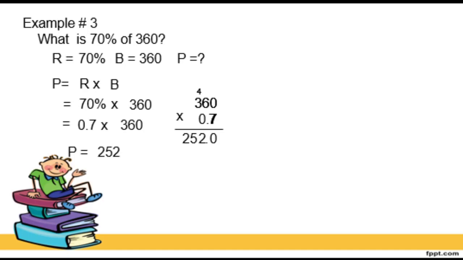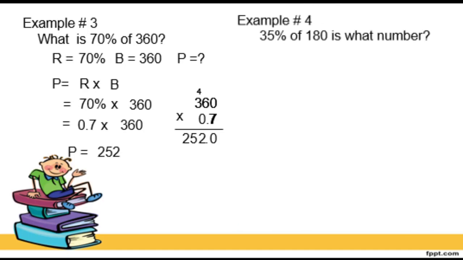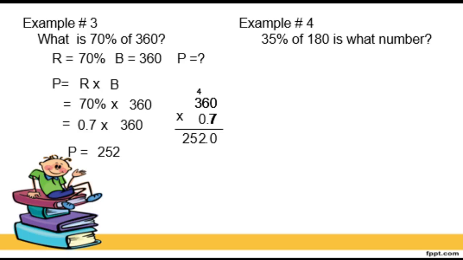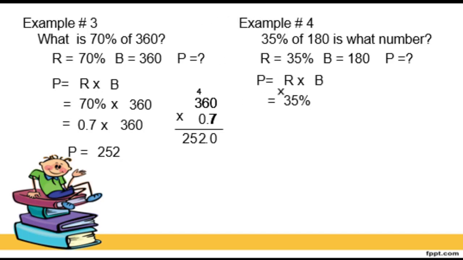So the answer is 252. Next, we have 35% of 180 is what number? So again, our R is 35%, and then 180 is B, and the P is unknown. So P is equal to RB, and this is equal to 35% times 180. Change 35% to decimal, that will become 0.35.